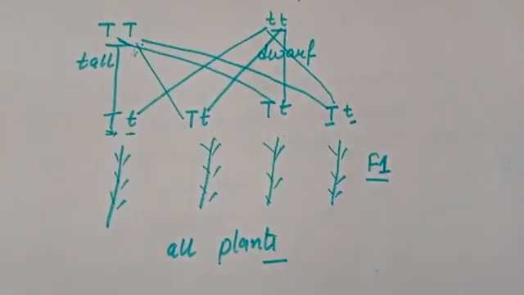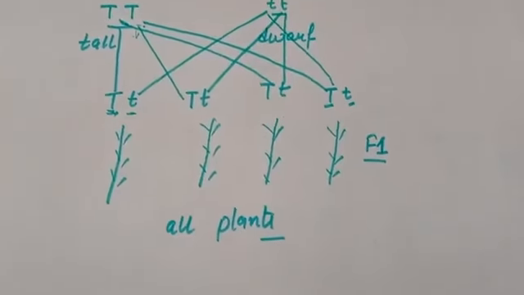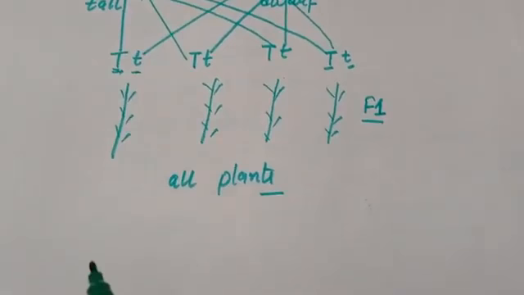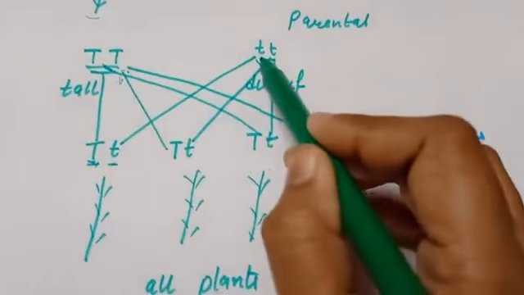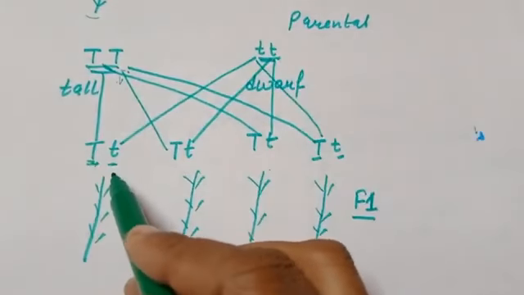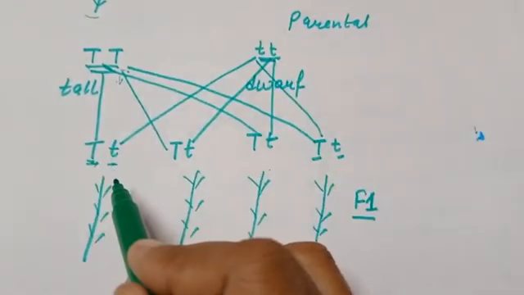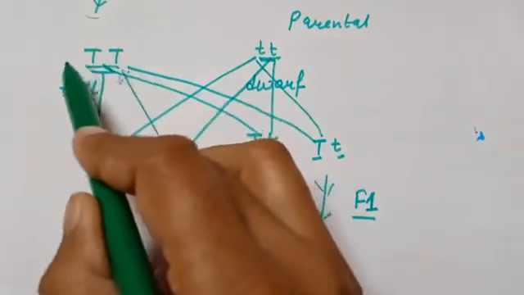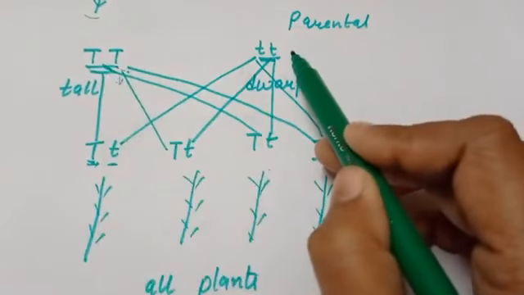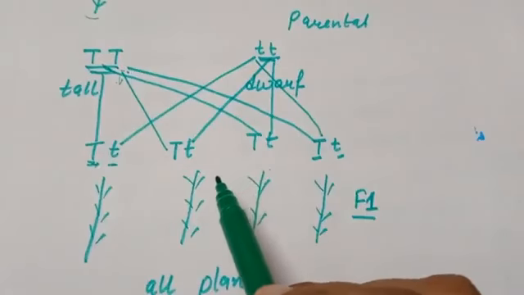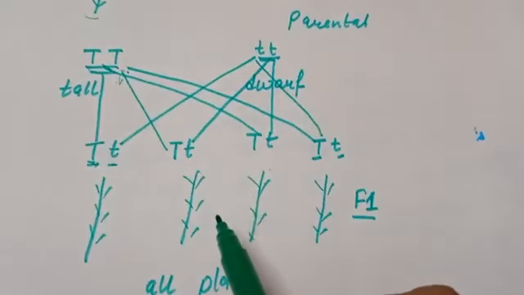Further crossings can give many outcomes, but if we talk about the genotype here, the main genotypes are capital TT, small tt, and capital T small t. The genotypic ratio has one pair of both dominant, one pair of both recessive, and two pairs which each have one dominant and one recessive, so four cases in total.